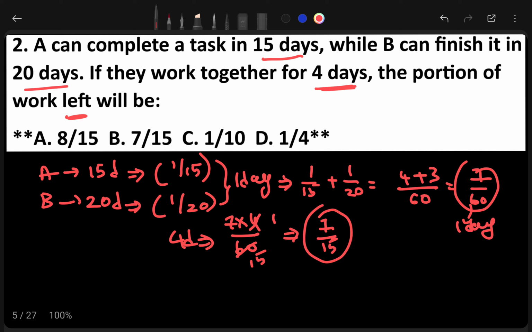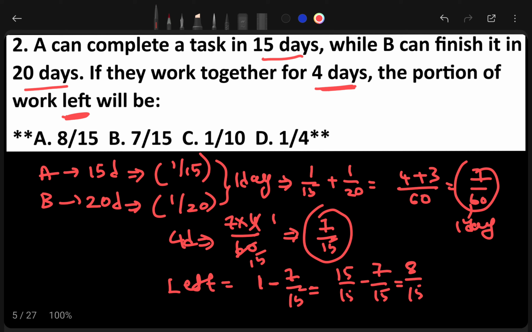But keep in mind he is asking for the work left, so the remaining work is the total, 1 whole, minus 7 by 15. We can write this as 15 by 15 minus 7 by 15, which gives us 8 by 15.